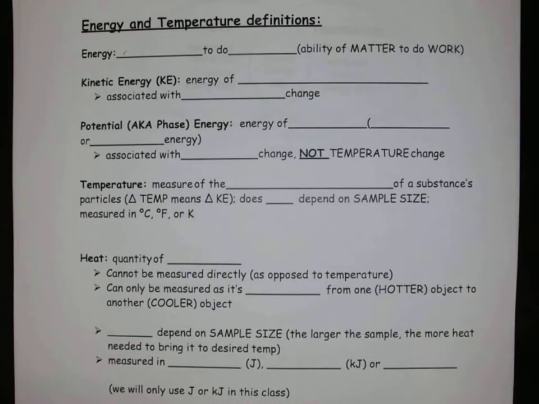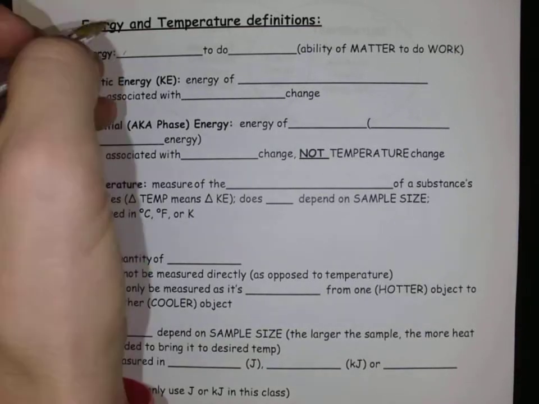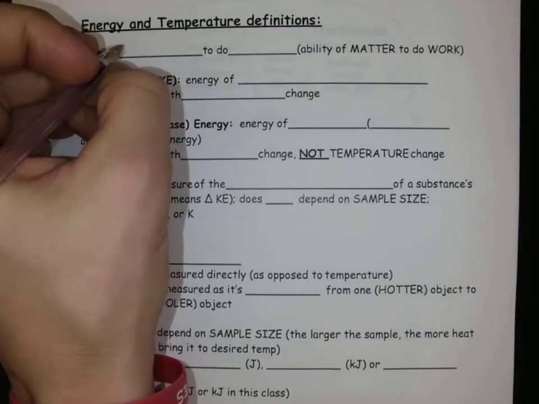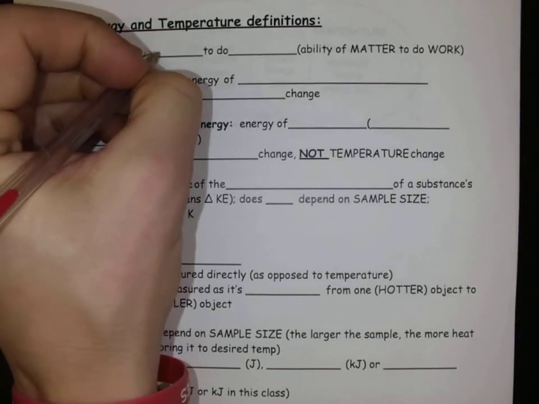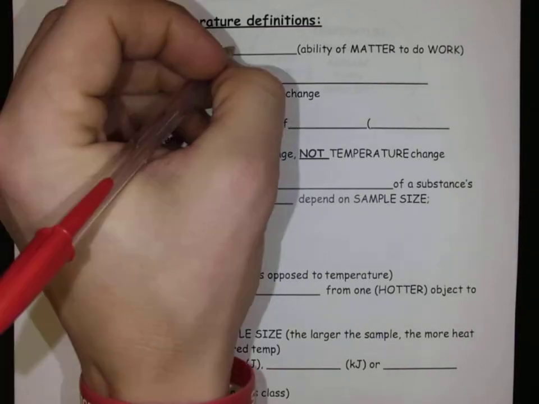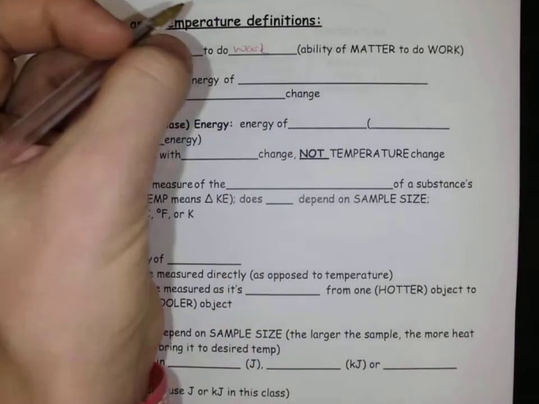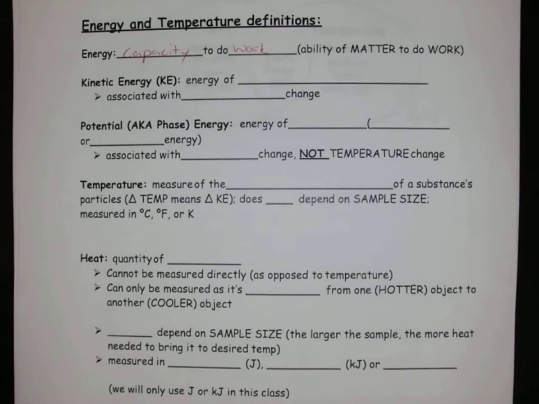So all of this unit with our solutions and phases of water has a lot to do with energy and temperatures, okay? So energy is really a measure of the capacity to do work, right? Or the ability of matter to do work, okay?